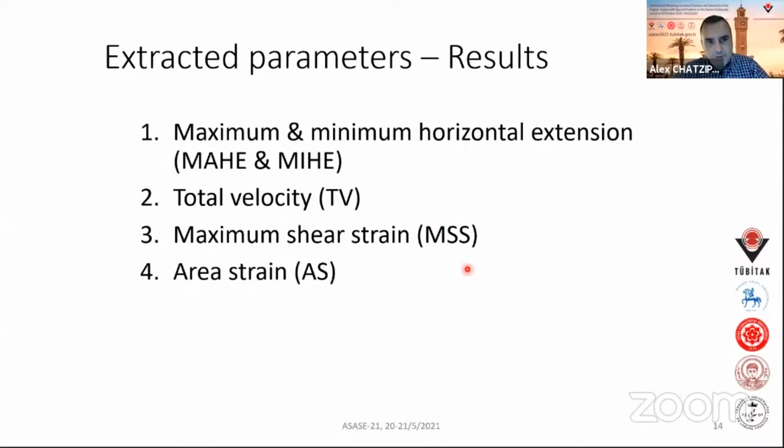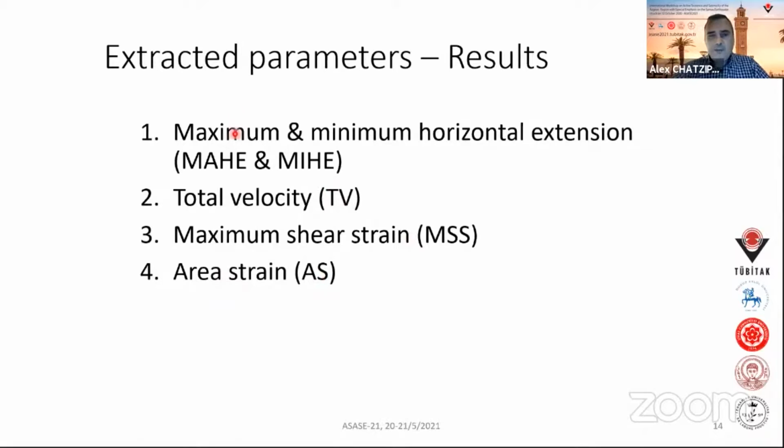So what were the parameters that we extracted from this process? Mainly the maximum and minimum horizontal extension. I'm going to use these letters later on, to save some space. The total velocity of this point, the maximum shear strain, and the area strain. And I will explain to you later what each one of these means.